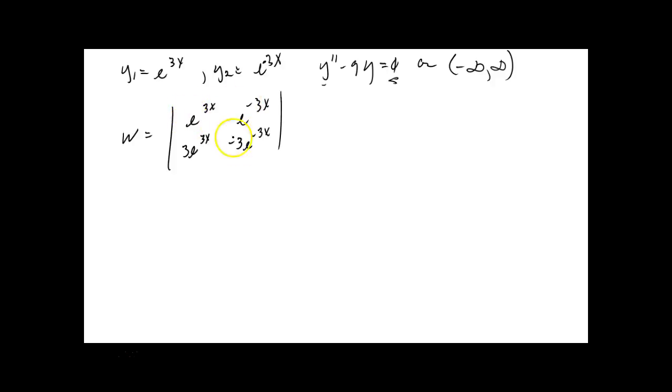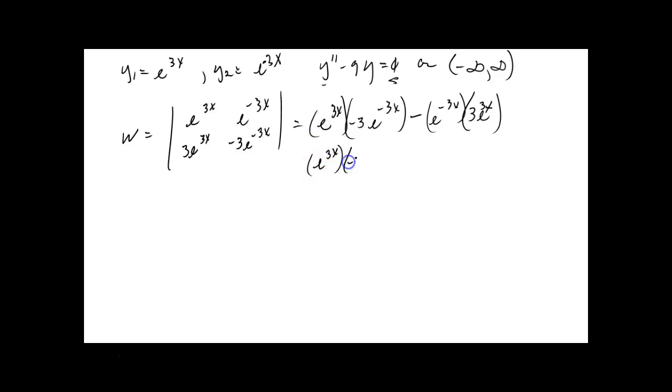So let's see what that is. That is the product of this and that, e to the 3x times e to the minus 3x, times a minus 3.